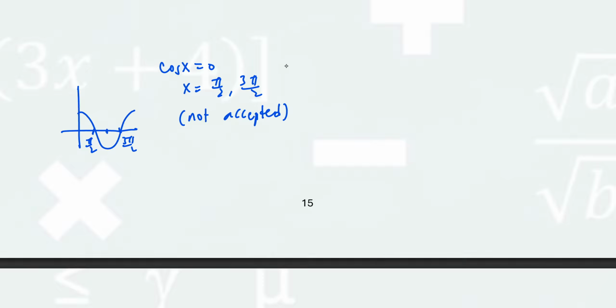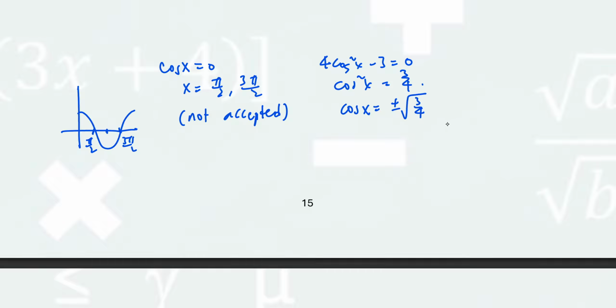That means we have to solve from the other one. The other one is 4 cos square x minus 3 equals to 0. So which means now here I will have to write cos square x equals to 3 over 4. Then my cos x will be plus minus square root of 3 over 4.